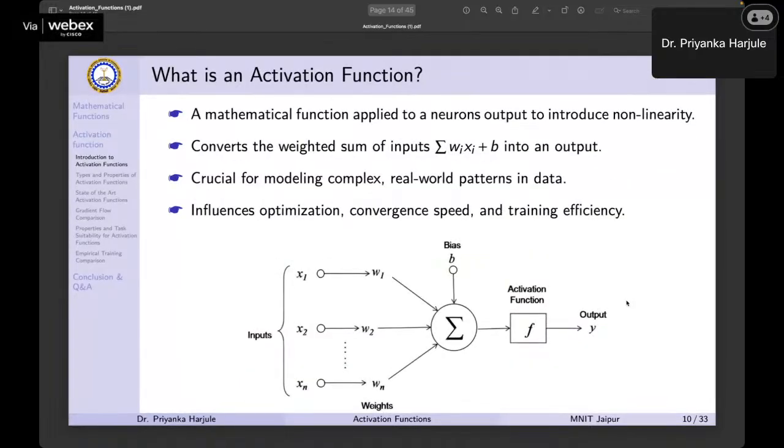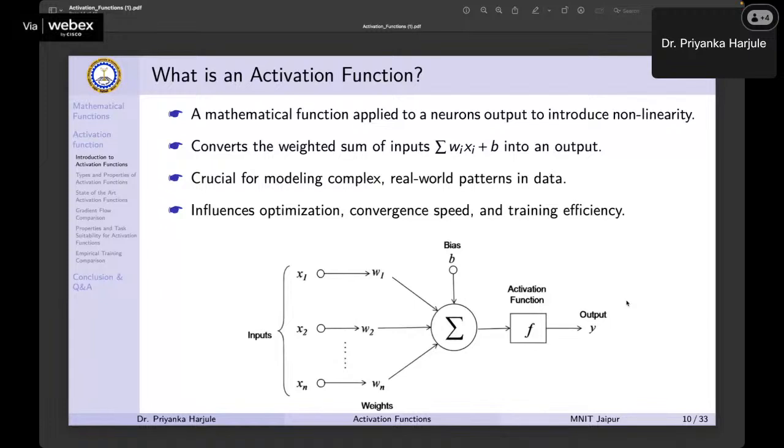Okay. So with this background, now we come to what is an activation function. An activation function is a mathematical function applied to the output of a neuron to introduce nonlinearity, help the network learn complex patterns, and control what signal the neuron passes forward. So basically the activation function is adding a nonlinearity.